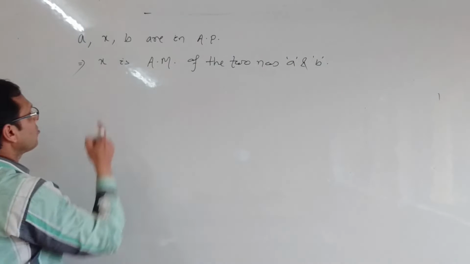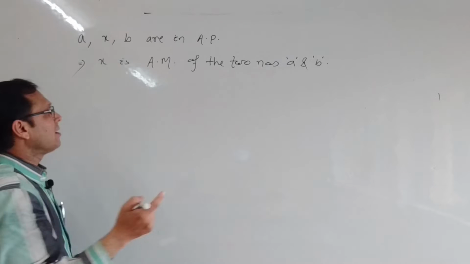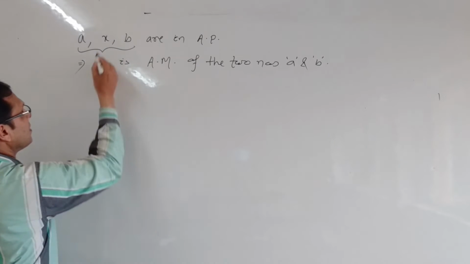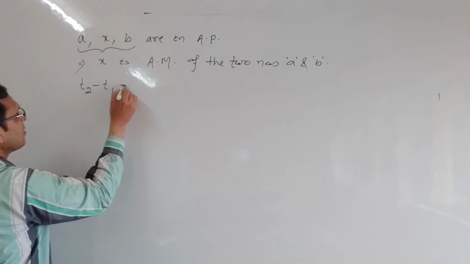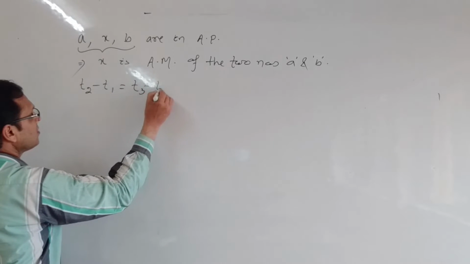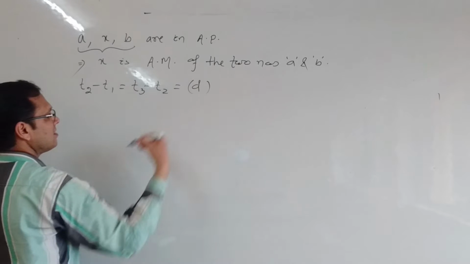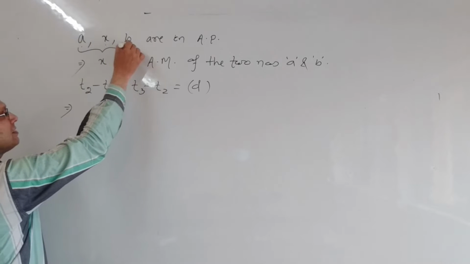Now to find the arithmetic mean x, what is the value of x? We should take the help of AP. All of you know that T2 minus T1 is equal to T3 minus T2, which is nothing but the common difference d. So here T1 is a, T2 is x, T3 is b.